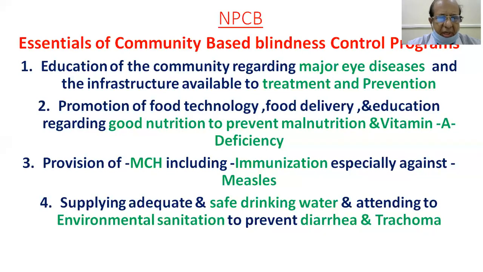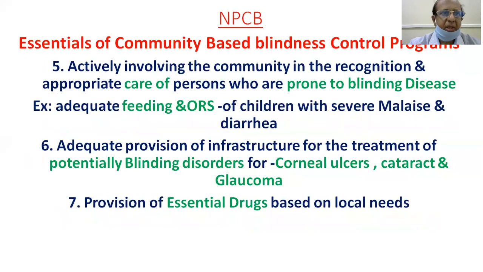Then the fifth one is actively involving the community in the recognition and appropriate care of persons who are prone to blinding disease. Certain persons are more prone to blindness, especially those working in industries.